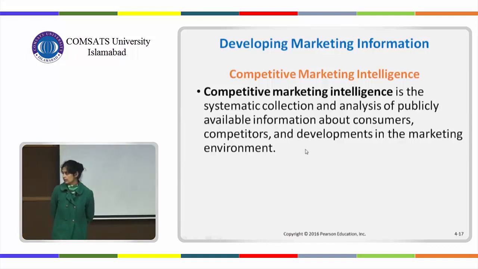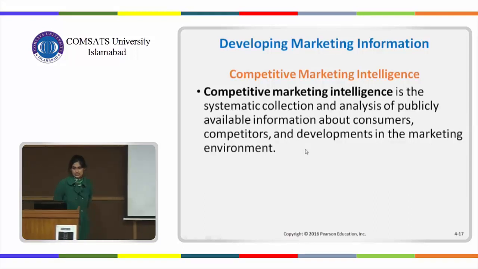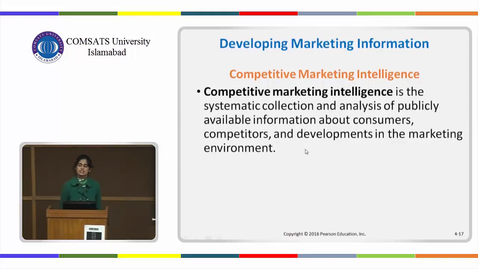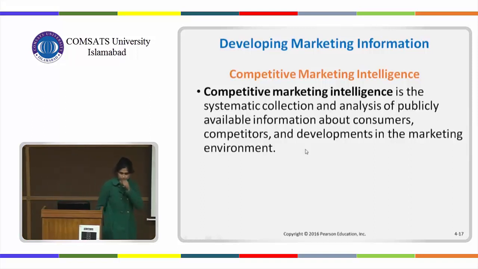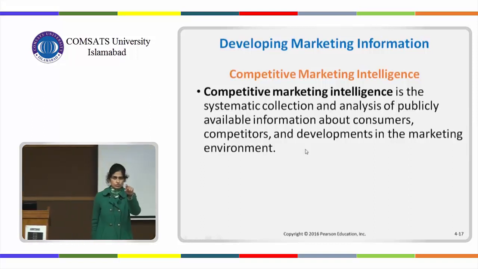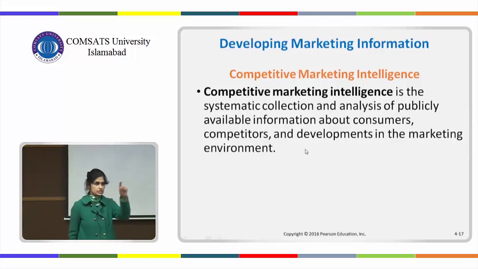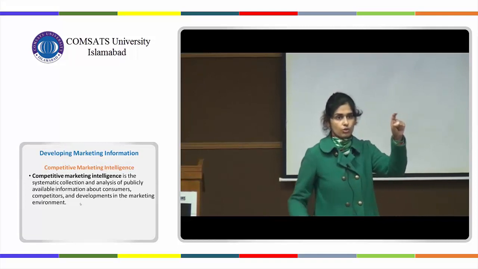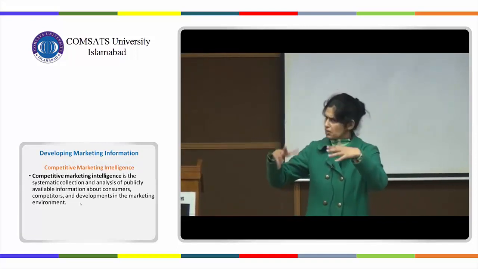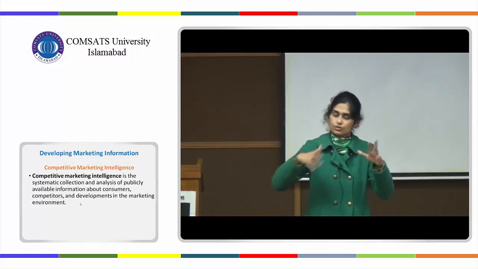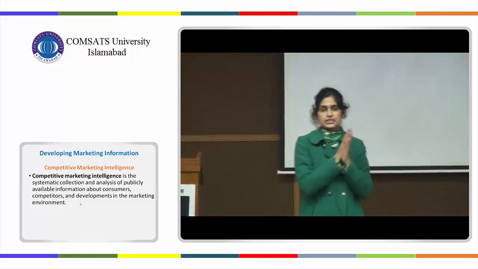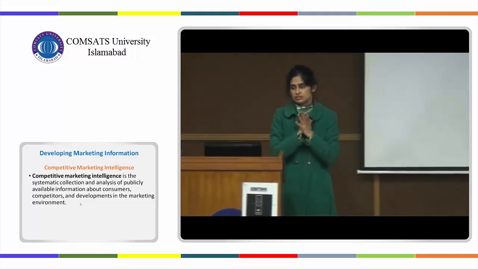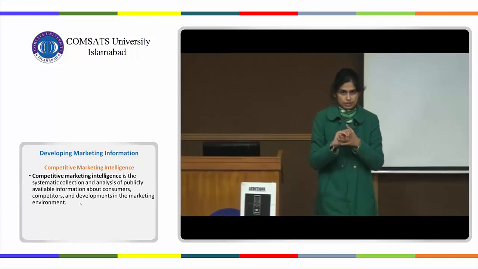So it talks about analyzing what is publicly available. So, information about your consumers. For instance, there's a census and you get new information about the overall population of Pakistan. Publicly available data, right? You can get it. So it is competitive marketing intelligence.